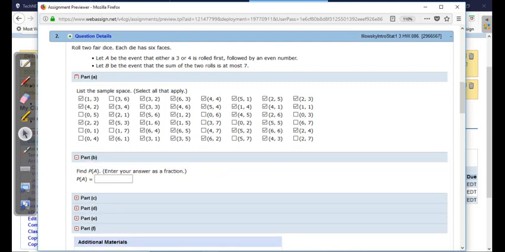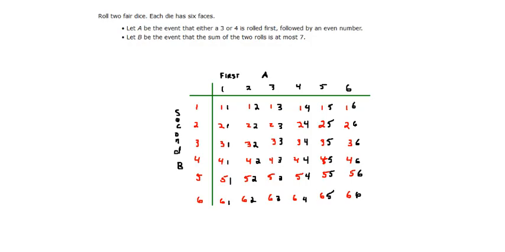So we ask the question, what is the probability of event A? Let's go back. Event A says that we roll a 3 or a 4 first, followed by an even number. So if our first die is a 3 or a 4, followed by an even number, let's circle that.